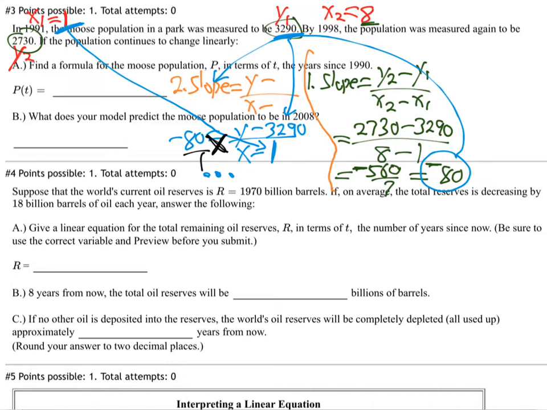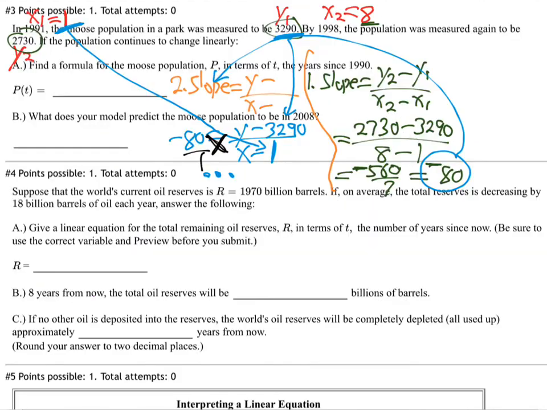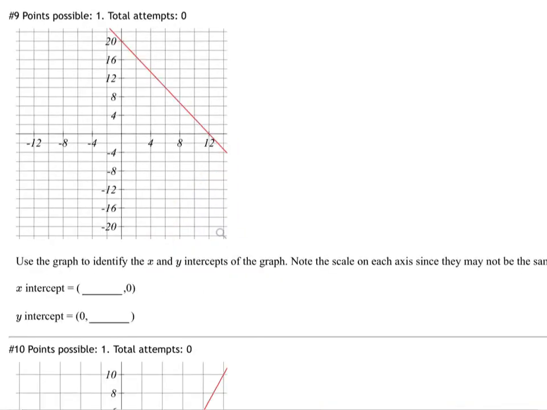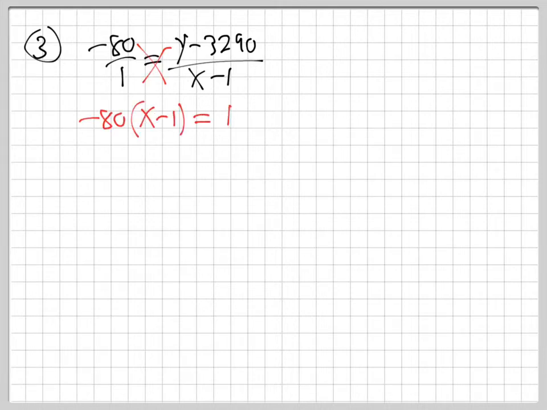So, minus 80 over 1 here. Let me do that. And it was y minus 3290 over x minus 1. So we would cross multiply: minus 80 times x minus 1, y minus 3290 times 1.